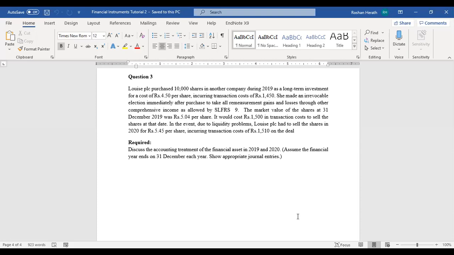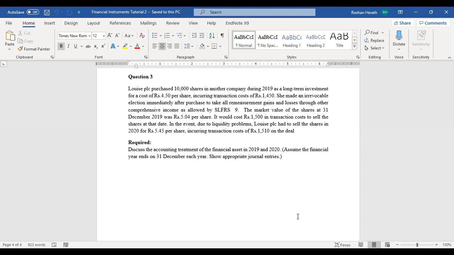So it's about the financial asset at fair value through other comprehensive income. The market value of the shares at 31st December 2019 was rupees 5.04. It would cost rupees 1,500 in transaction cost to sell the shares at that date.